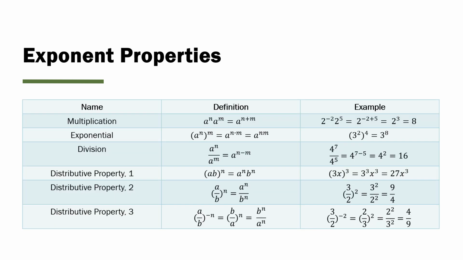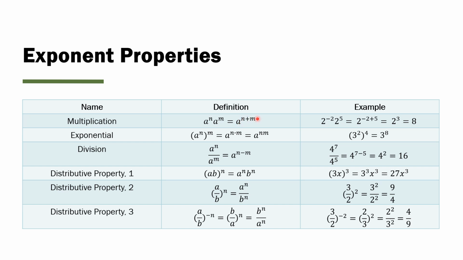The following 2 slides highlight many important exponent properties that you'll encounter a lot. So I have the name of the property, its definition, and an example. So let's go through these one by one. So first we have the multiplication property. Again, given an integer a, and you raise it to one number n and another number m, multiplying these together returns the same base a.